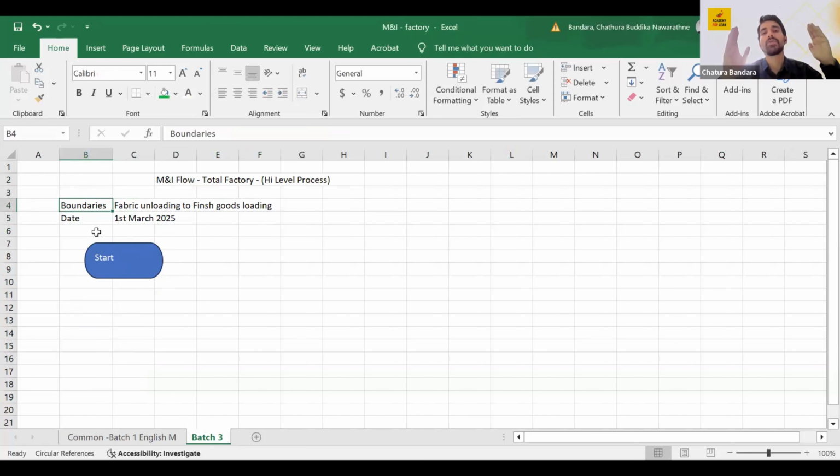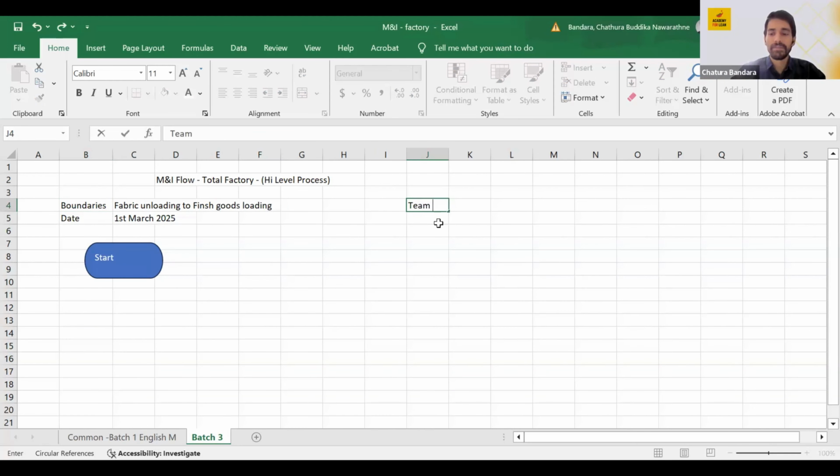We have to identify scope in and scope out, start point and end point. We have to mention that, and the date, and also the team. So here we'll mention we have Ravi, Uteju, Aruna, and then, sorry.